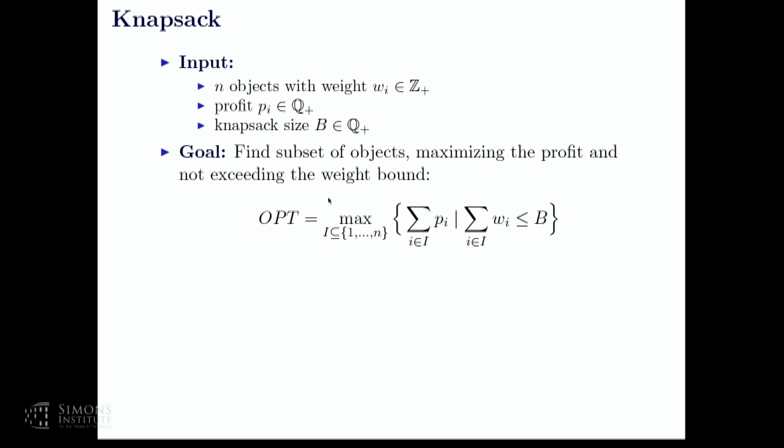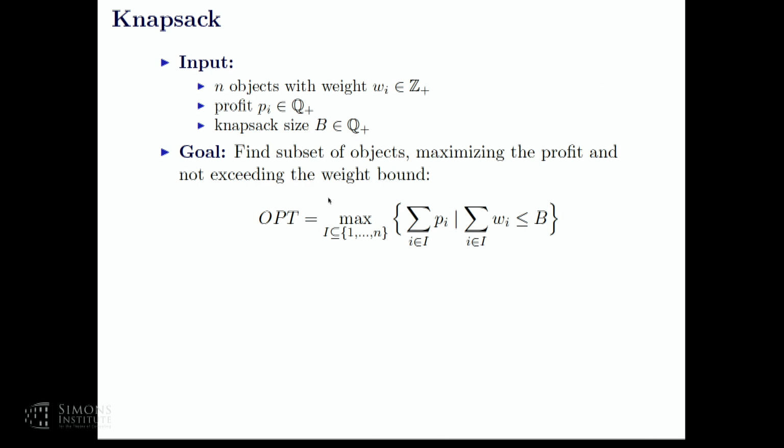Here we go. You have n objects, and every one of those objects has some weight, imagine that being some positive integer, and it has some profit, p_i. And you have a knapsack, and the knapsack has some capacity, let's say capital B. And now the goal is you want to find that subset of your items so that the sum of the weights does not exceed the capacity of your knapsack, but you want to maximize the sum of the profits.